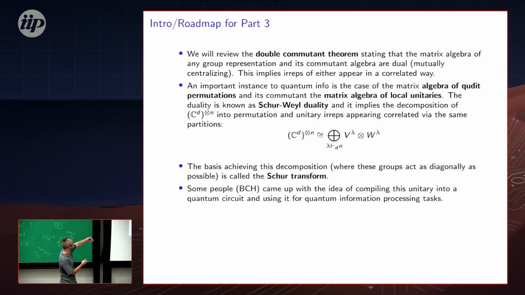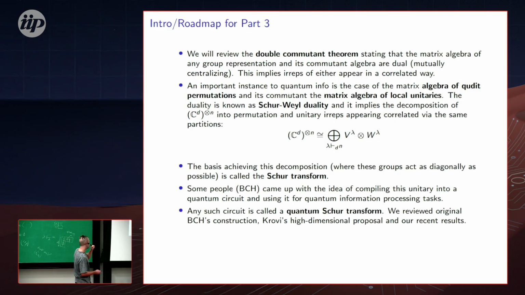Some people called Bacon, Chuang, and Harrow came up with the idea of compiling this unitary into a quantum circuit and using it for quantum information tasks. Any such circuit is called a quantum Schur transform.